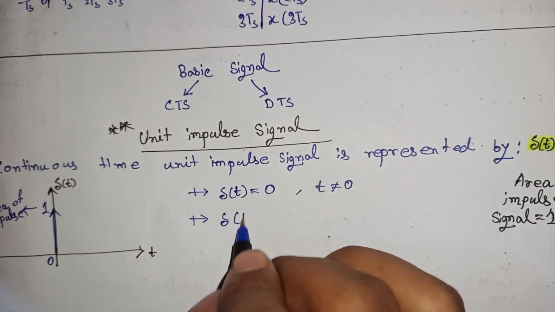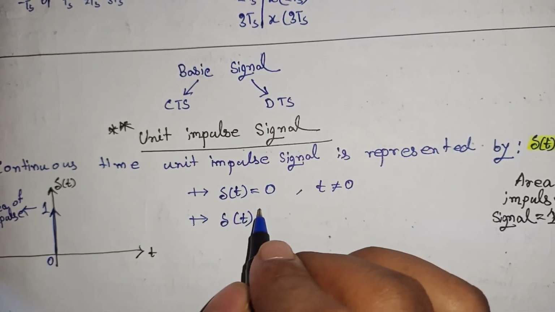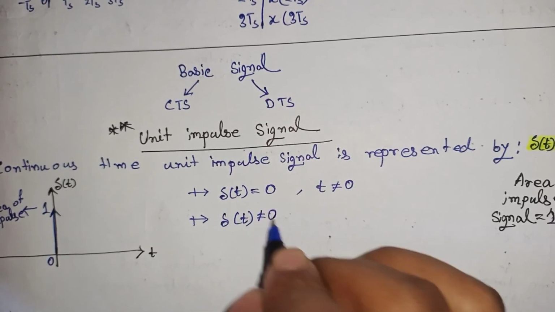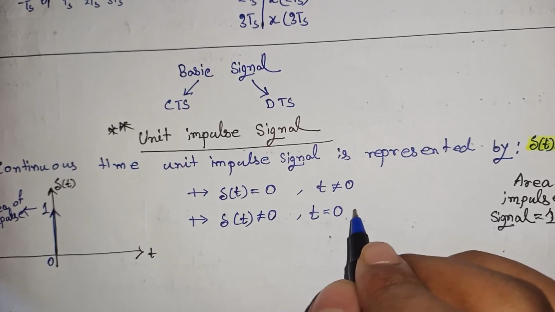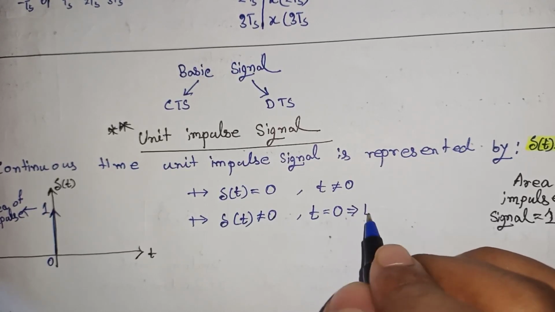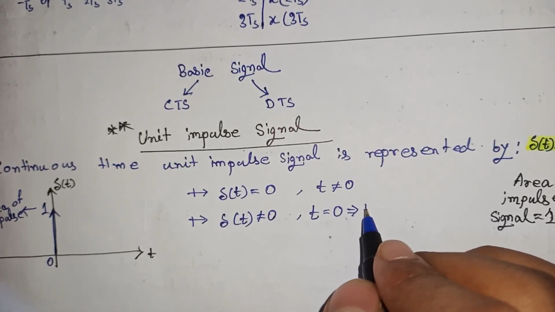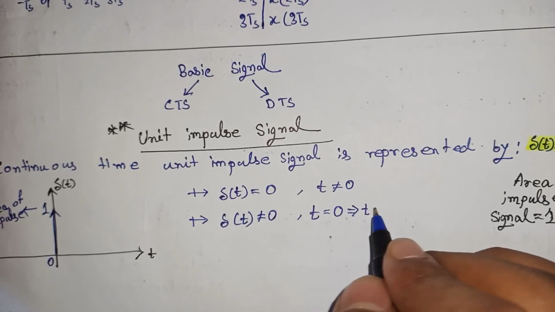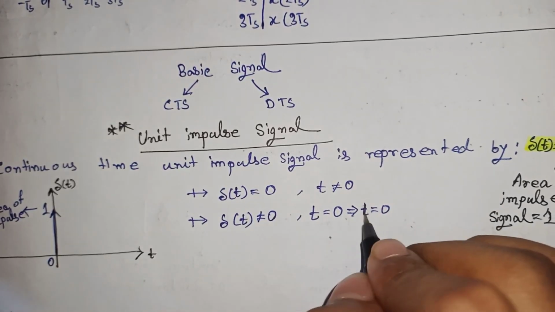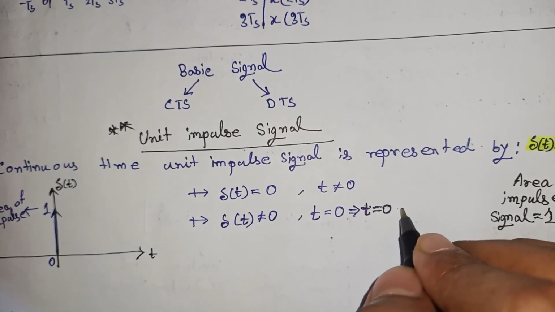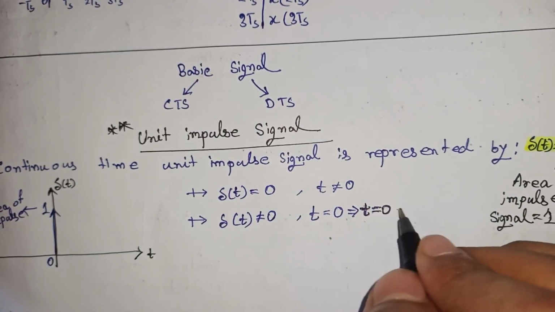Del t is non-zero for t equals to 0, means at t equals to 0, del t is infinite.